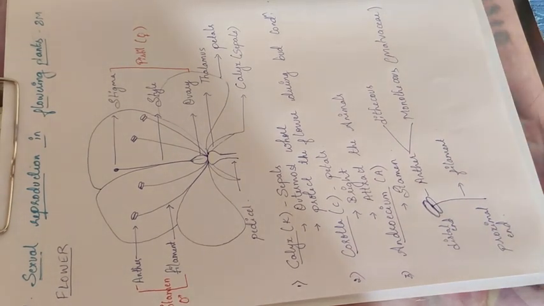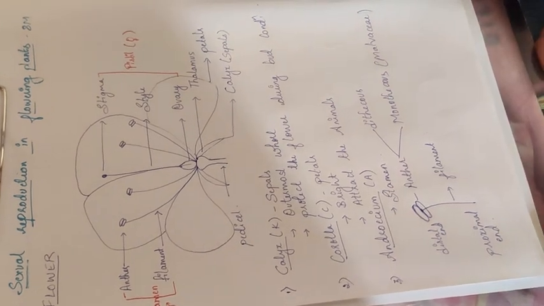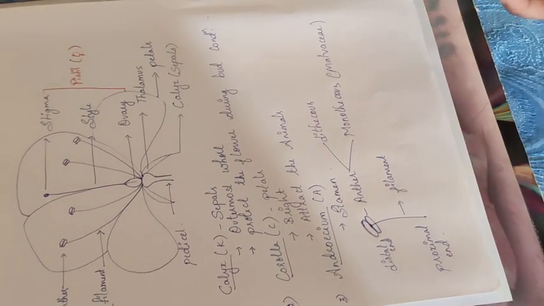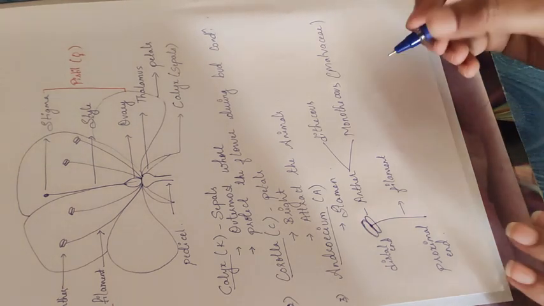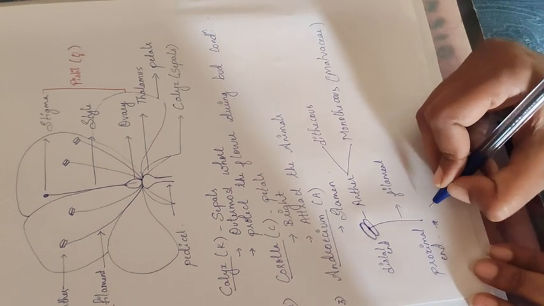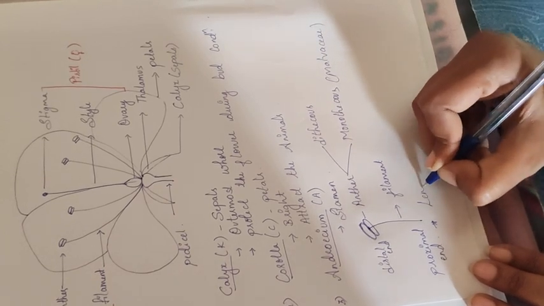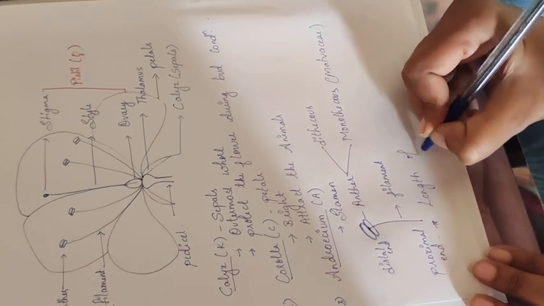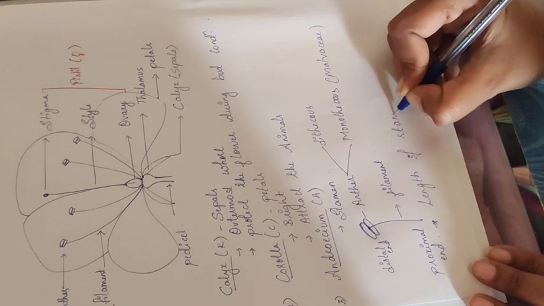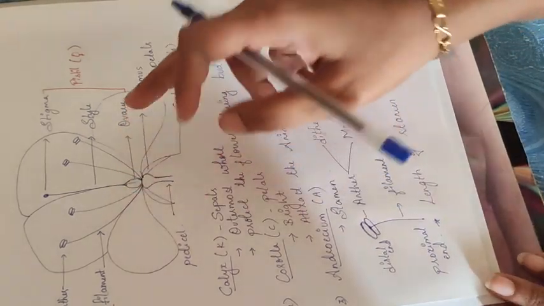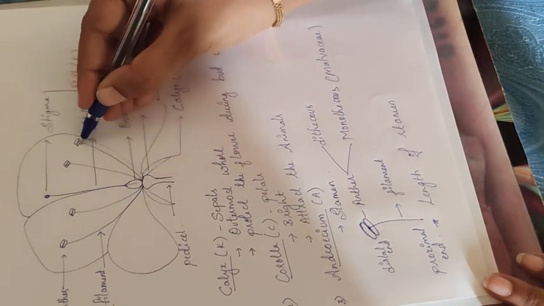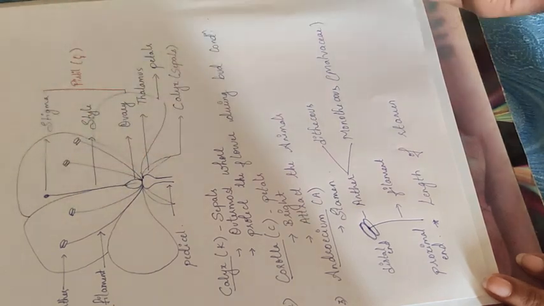Also the number of stamens can vary; a few flowers might show 4, 10, or they are in bundles. And also the length of the stamens can vary. In the same flower only, the length of the stamens can vary.